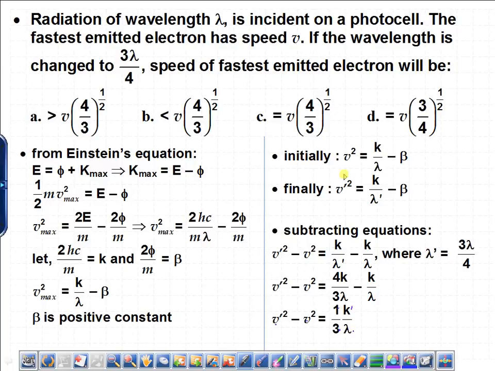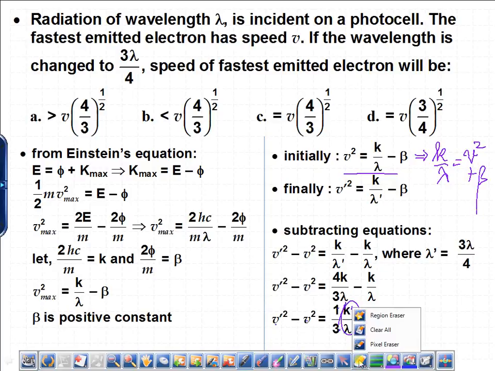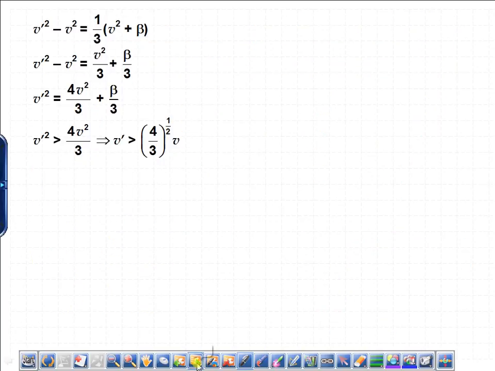If we see the initial condition, we can also write k by lambda as v square plus beta. So k by lambda can be replaced by v square plus beta, and on doing that we get a further simplification: v dash square is equal to 4v square by 3 plus beta by 3.